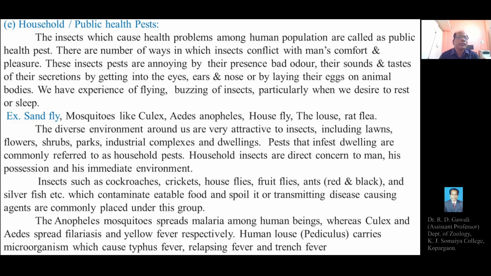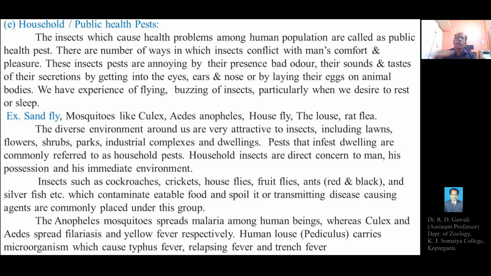There are different types of mosquitoes, such as Culex, Aedes, Anopheles, then different types of flies, even housefly, lice, rat flea, which are the major insect pests causing diseases or transmission of pathogens, causing various diseases like elephantiasis, flu or various types of viral fevers, malaria, cholera, typhoid, even plague, then anemia.